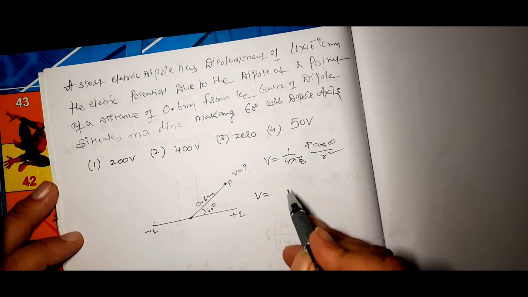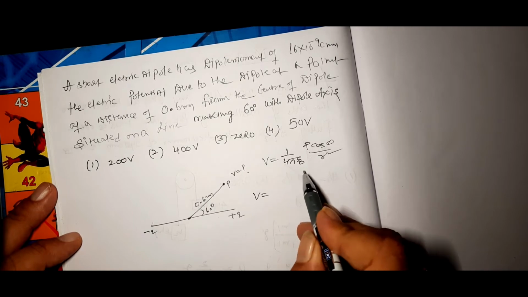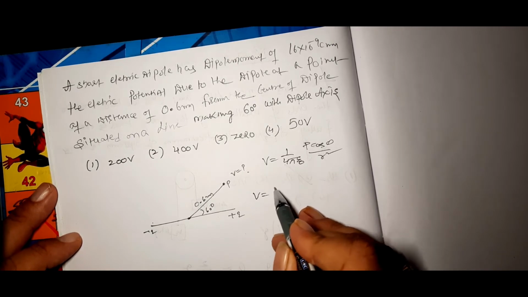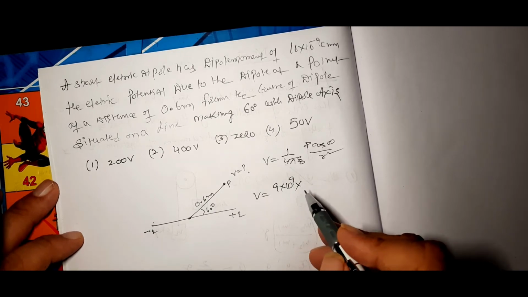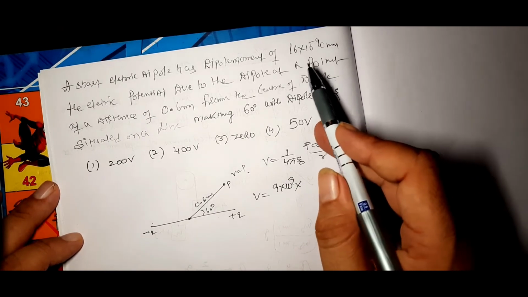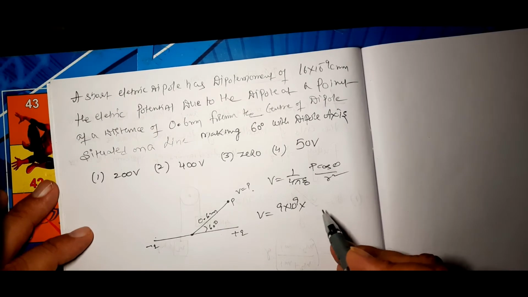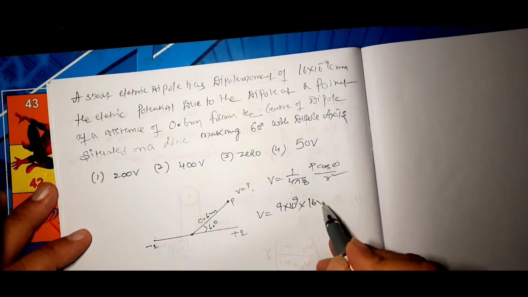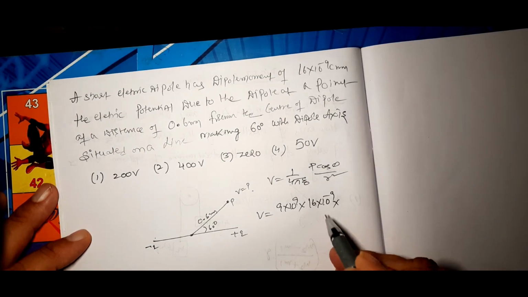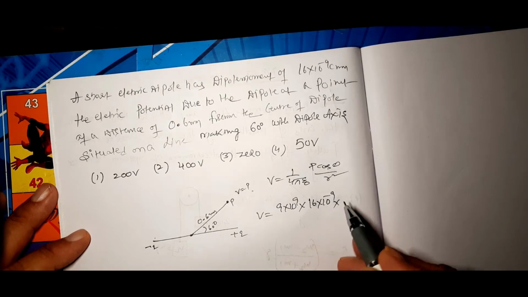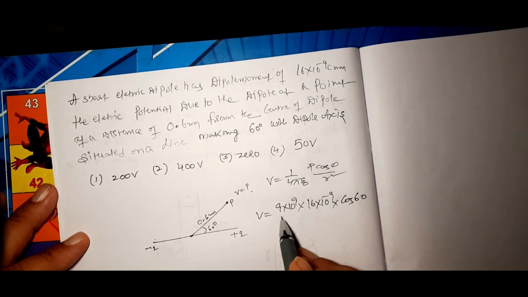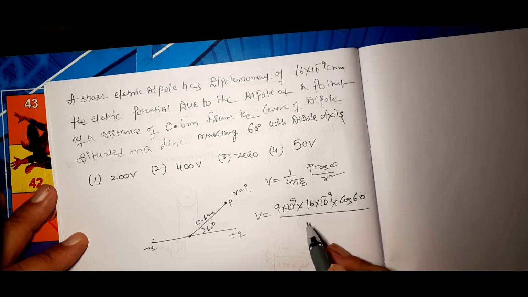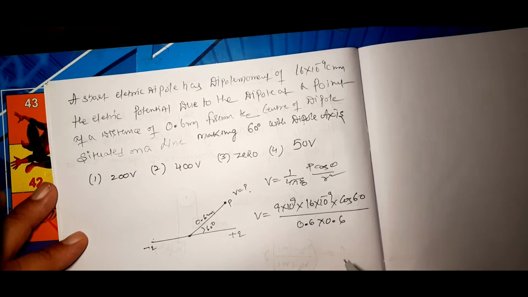Here 1 by 4 pi epsilon naught is 9 into 10 to the power of 9. p is the dipole moment, given as 16 into 10 to the power of minus 9. Theta is 60, so cos 60, divided by r square, which is 0.6 into 0.6.